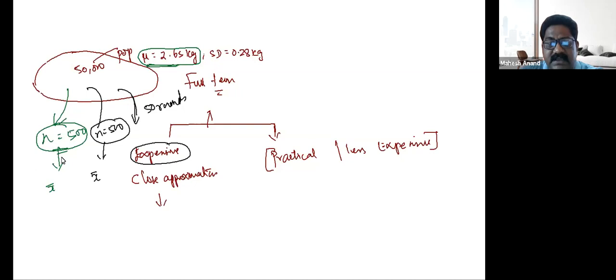Now I have 50 such X bar values. Every time I got 500 samples, that X bar, now I have 50 X bar, 50 mean values. Now I'm going to plot these 50 mean values.